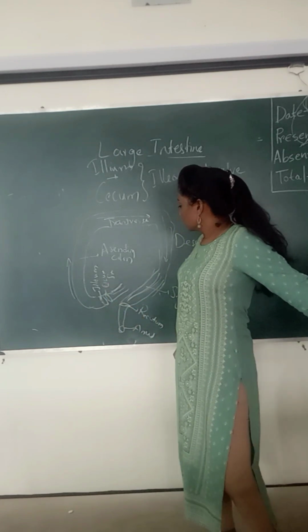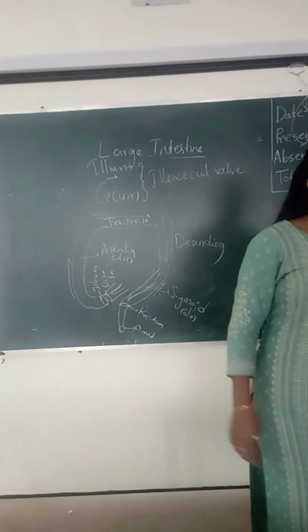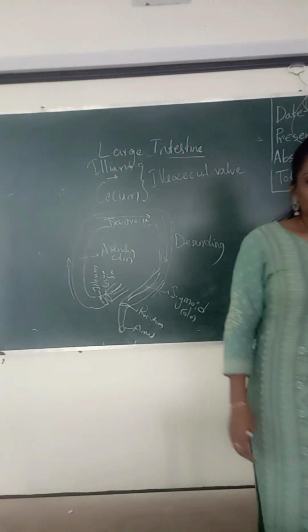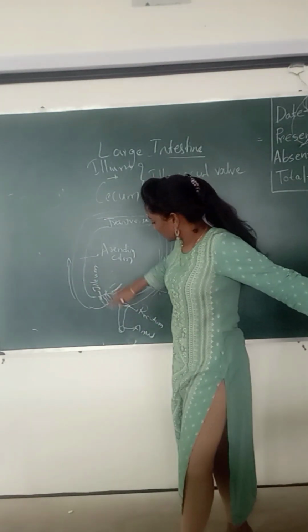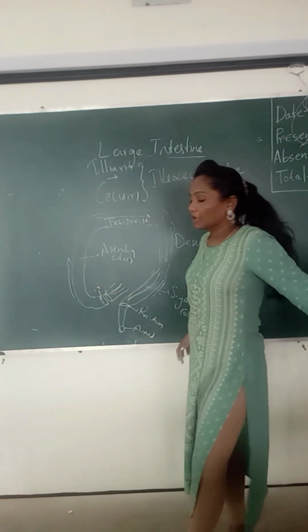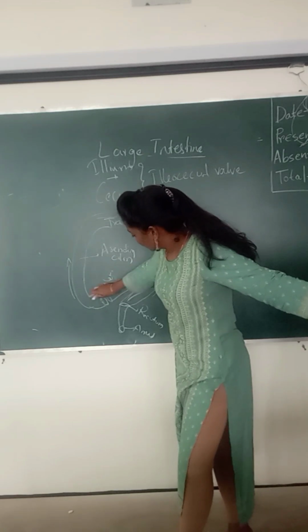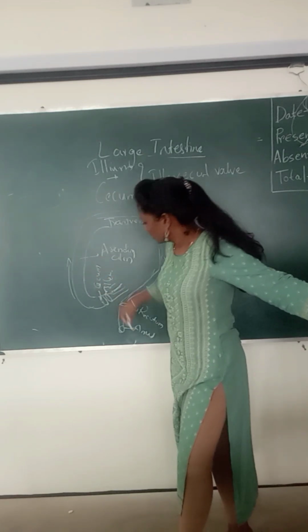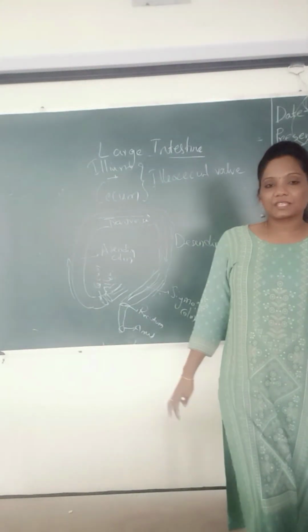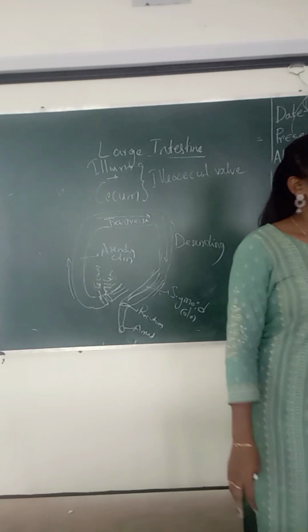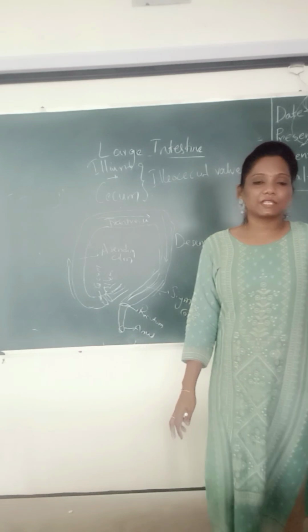6 centimeters. It forms the ileocecal wall. Duodenum, jejunum, and ileum is the ending portion, and the continuation part is the cecum. The cecum measures about 6.5 centimeters in length and 7.5 centimeters in width, and it forms the ileocecal wall.